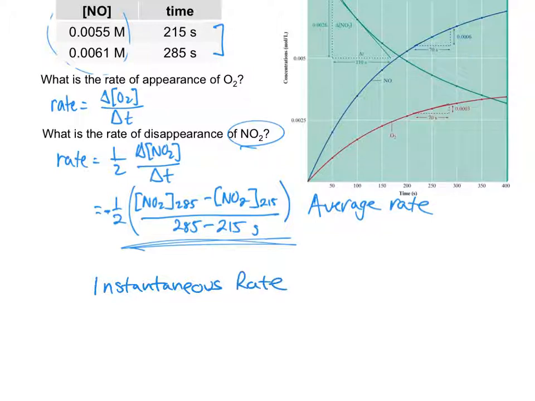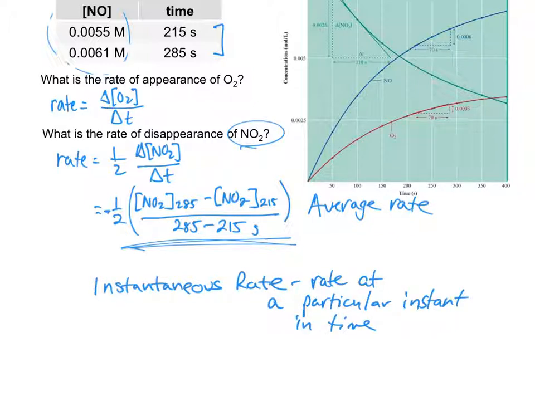So the instantaneous rate is a rate at a particular instant in time. What's an instant? A very, very, very short amount of time.